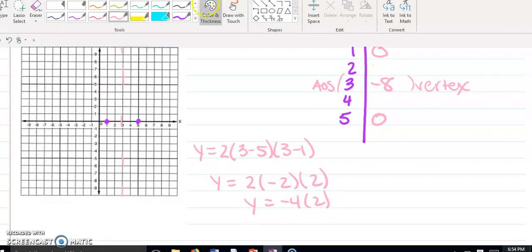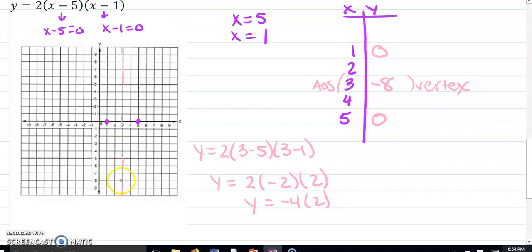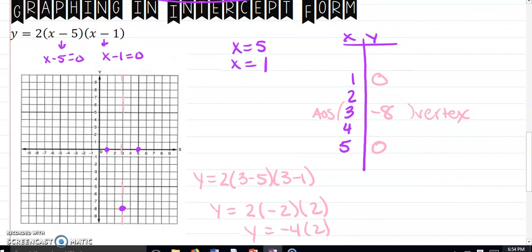So we have a vertex of (3, negative 8). And that looks like enough to draw a parabola. You could plug in 2 and 4, but I have points that are pretty far apart, and I also have the intercepts and the vertex. That's really all you need.